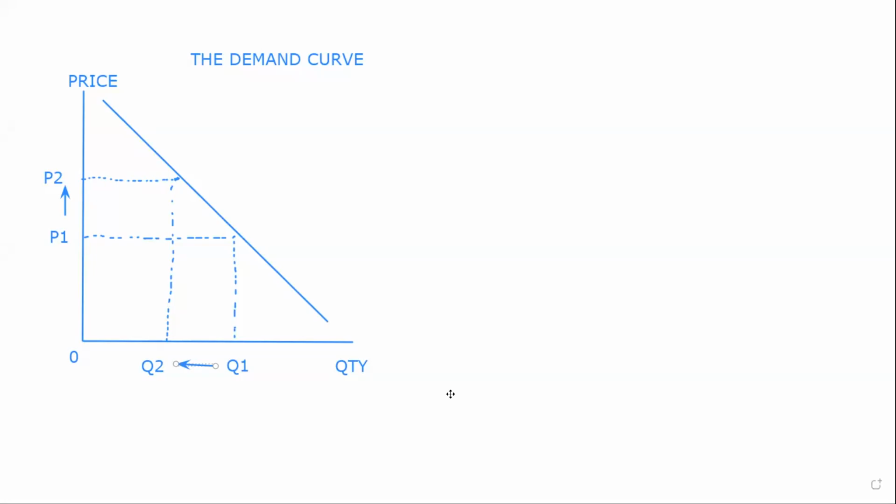All right. Yes. So the heading is there, demand curve, axis labeled, my points here. What I'm forgetting to do is to label this line. This line is called the demand curve, DC.